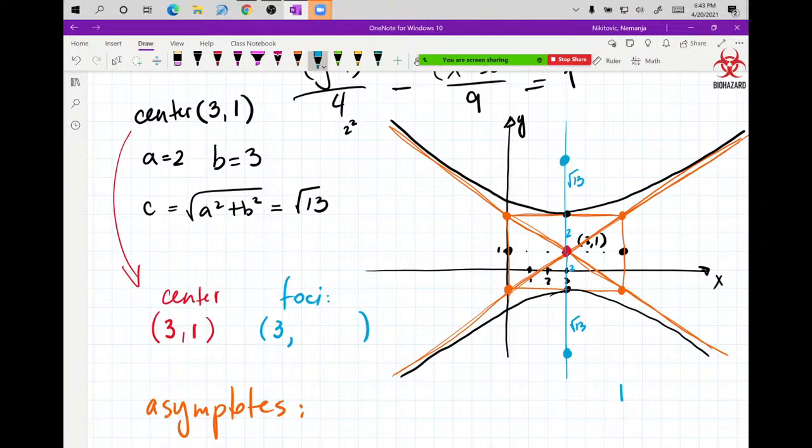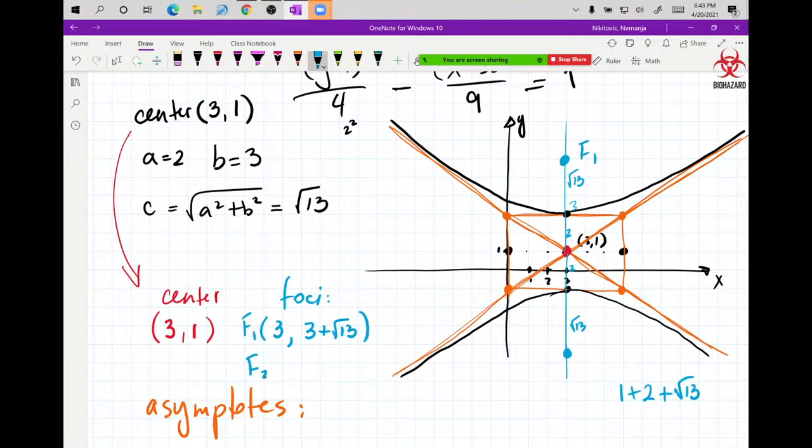Then I have to go 2 units out, right, to 3, so plus 2 units, and then plus square root of 13, and that will give me 3 plus root 13. You can get decimals if you care. And that would be, let's call this one F1.